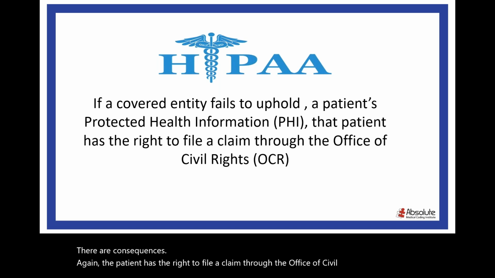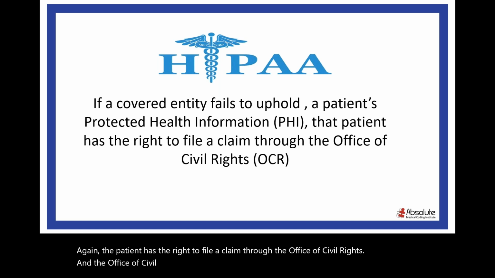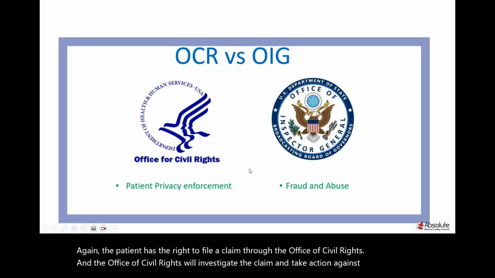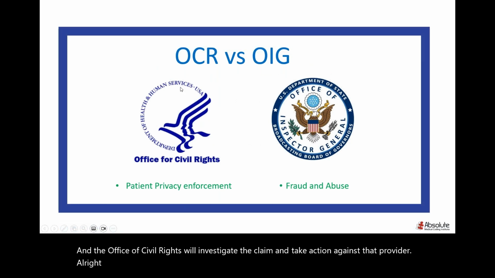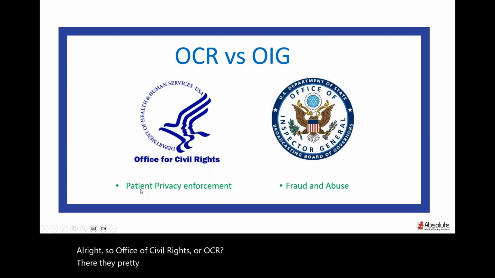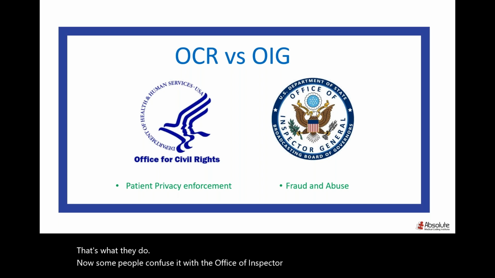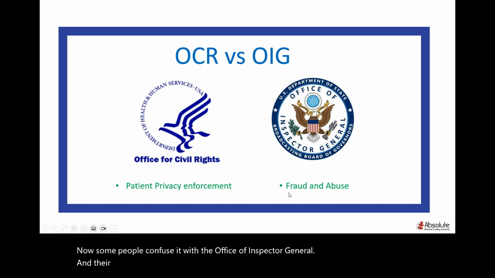And the Office of Civil Rights will investigate the claim and take action against that provider. All right. So Office of Civil Rights, or OCR, they pretty much focus on patient privacy enforcement.